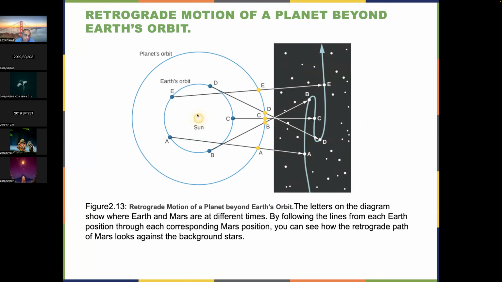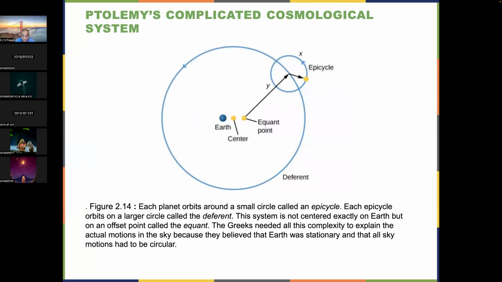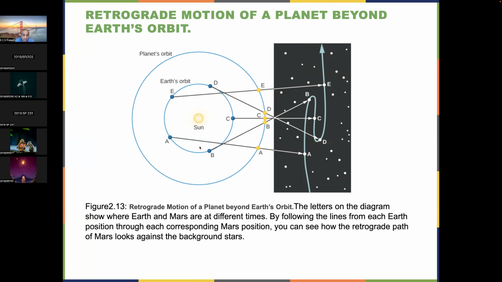We now know that the sun is right here, but at that time, in this first geometric representation of the solar system, they put Earth at the center, without knowing it. So when they observed the sky, they sometimes saw a planet moving this way, then going backward like that, and then moving forward. This is what we call retrograde motion.